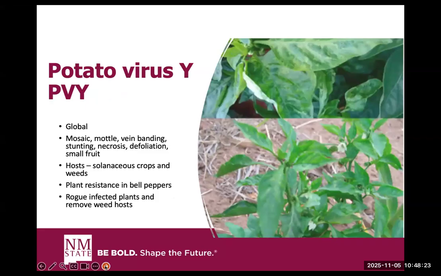Potato virus Y, also global in scope, found many places throughout the world. Much worse on potatoes than it is on peppers, but it causes mosaic, mottling, some vein banding, necrosis, defoliation, some smaller fruit. Goes to a lot of solanaceous crops and weeds. There is resistance in bell peppers again.